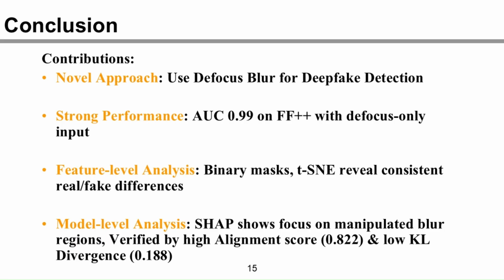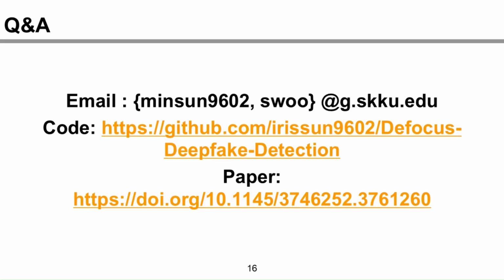Finally, through a series of experiments at both the feature level and model level, we have comprehensively validated that defocus blur is indeed an effective and interpretable signal for deepfake detection. We hope this work contributes to building more trustworthy media forensic systems. I will conclude my presentation.